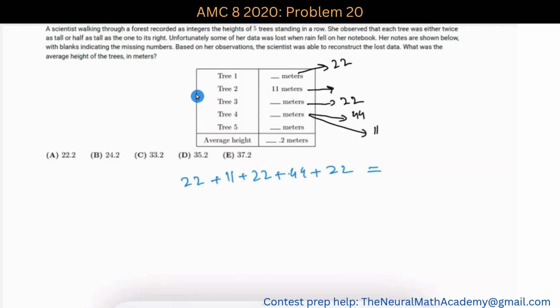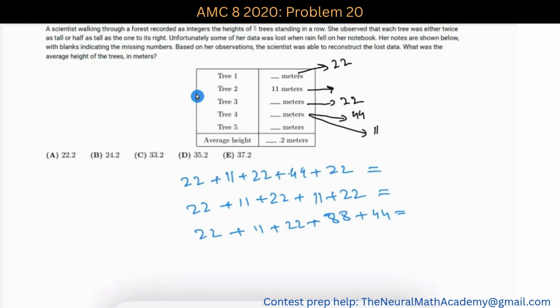And similarly, we have 22 plus 11 plus 22. And similarly, we will have the third possibility, that is 22 plus 11, 88 plus 44.